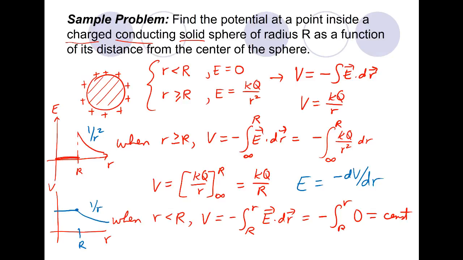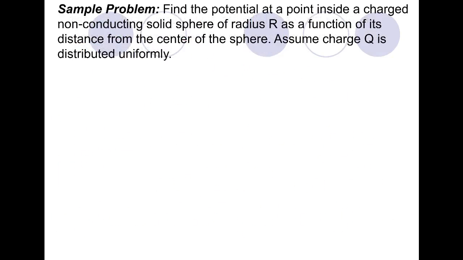Okay, so the reason that I did this problem first is that now we're going to do the solid sphere. And we'll set this one up. And this one is a little bit of a ride, so buckle up. So we want the potential at a point inside a charged, non-conducting solid sphere of radius R as a function of its distance from the center of the sphere.